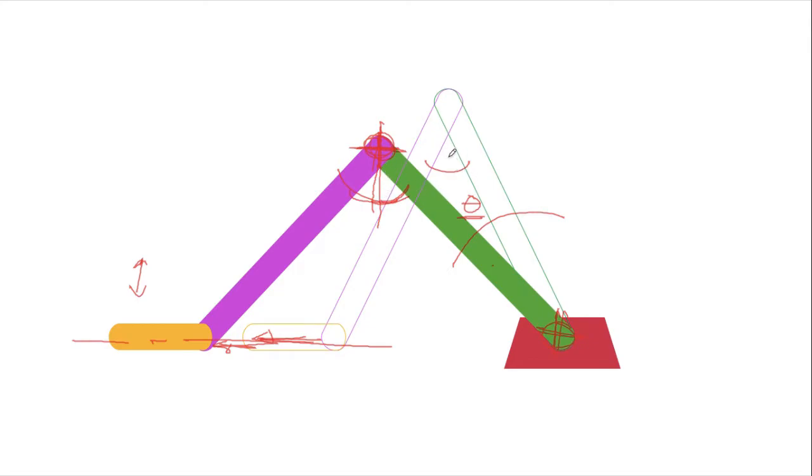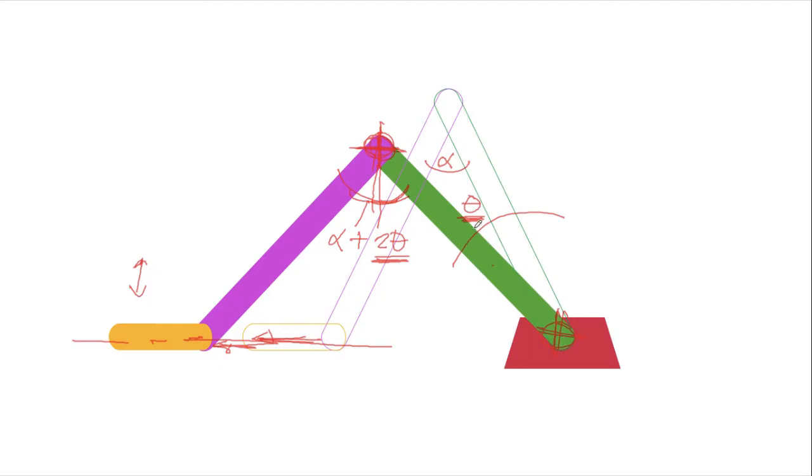And if this is alpha, this one now becomes alpha plus 2 theta. So I need to add 2 times this rotation so that this can be maintained at level. Otherwise, hindi siya maging level.